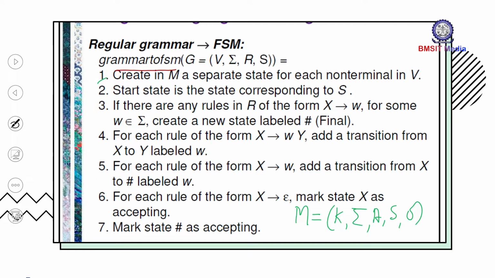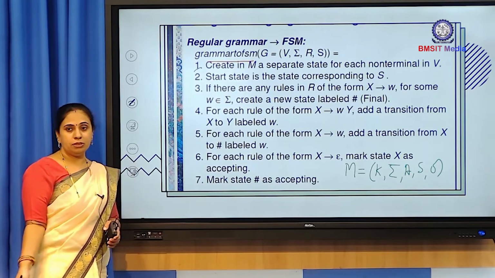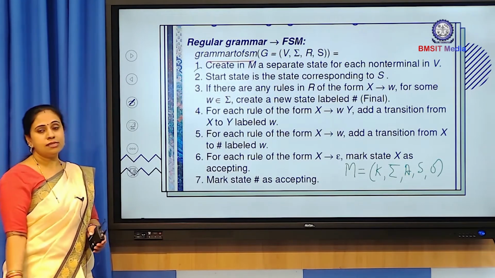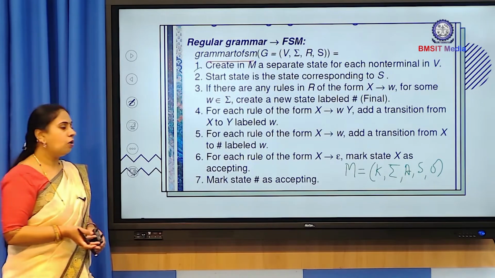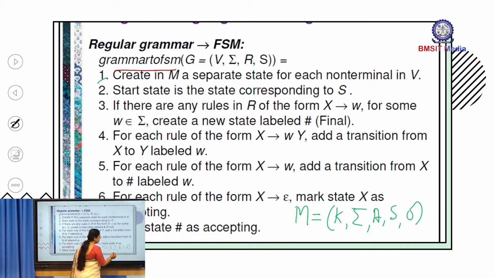Capital K is a set of finite states, sigma is the input alphabet symbols, capital A is the set of accepting states. Since we can have more than one accepting state, capital A will always be a subset of capital K. S is the start state, and since there is only one reference point to start reading the machine, S is always one. So S belongs to K definitely, and delta is the transition function.